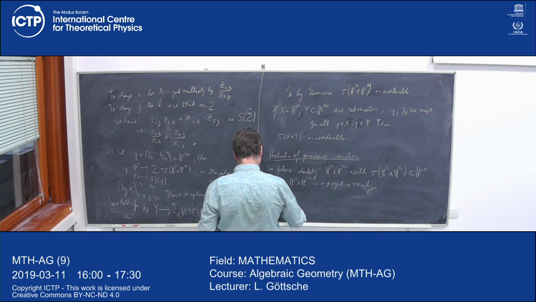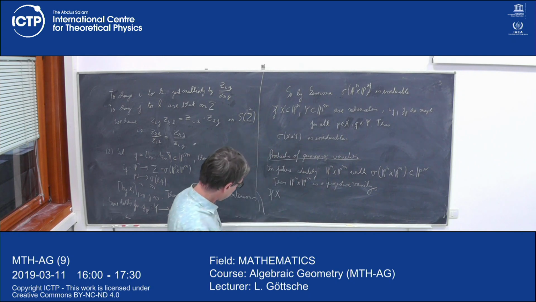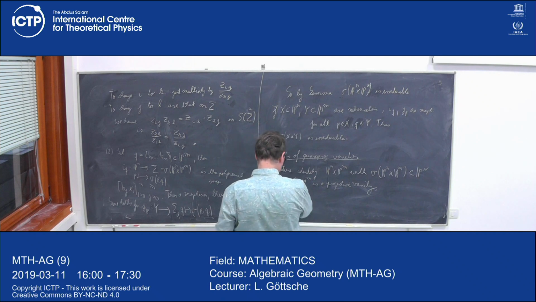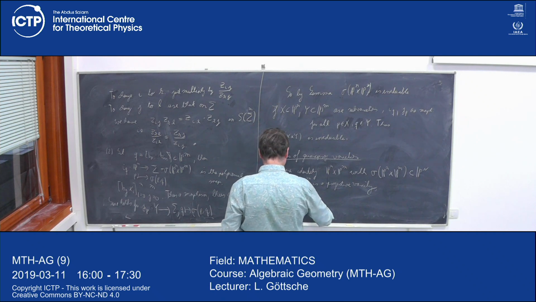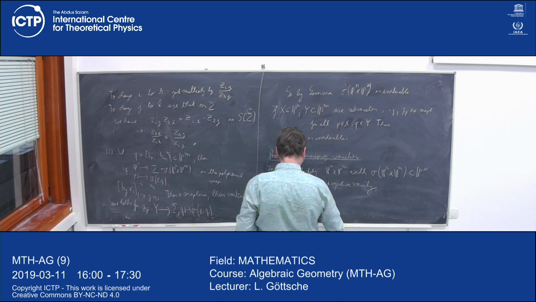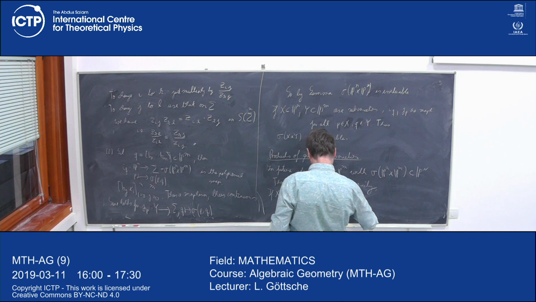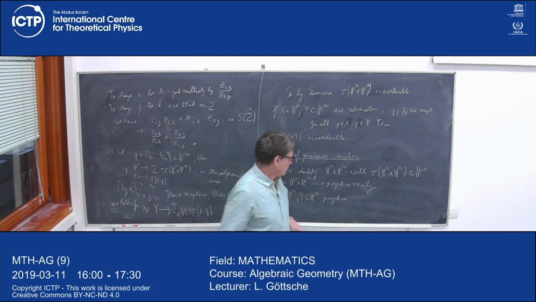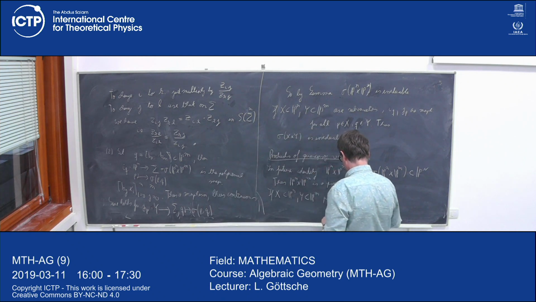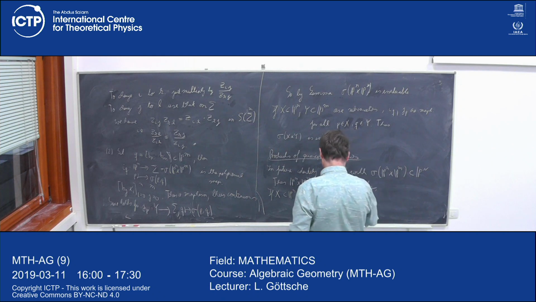If X in Pn and Y in Pm are projective, we identify the product maybe as a quasi-projective.